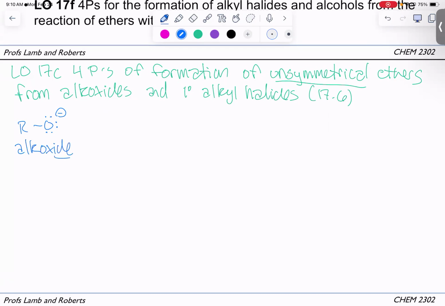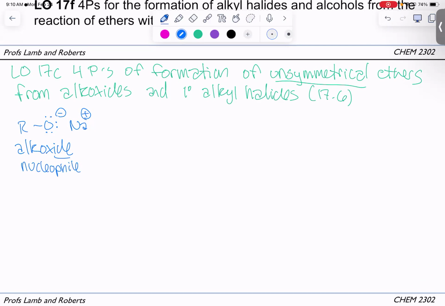It came from an alcohol, so negatively charged is what that means. So of course we need to have our counterion. Counterion doesn't really matter. I'm just going to use sodium in this case. A lot of bases that you would deprotonate with this have a sodium counterion, but you could have potassium or something like that if you wanted.